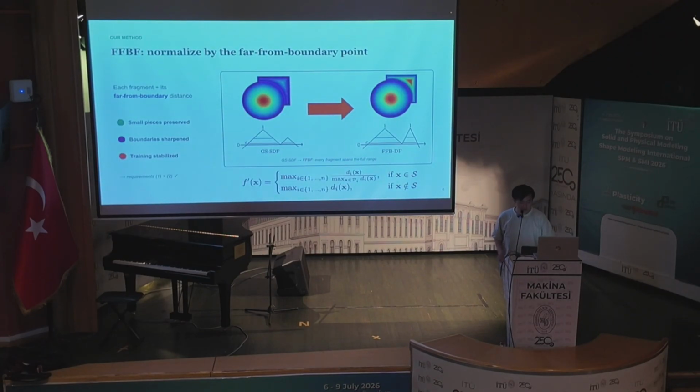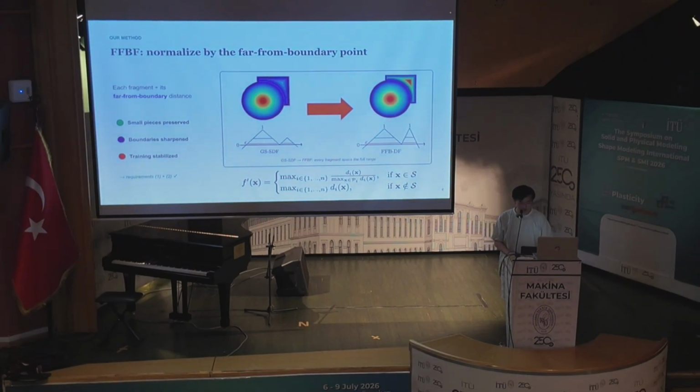Putting both fixes together gives the FFBF. For each fragment, we find the point farthest from the boundary, deepest in the interior, and use its distance as the normalization reference. Look at the left part of the figure.